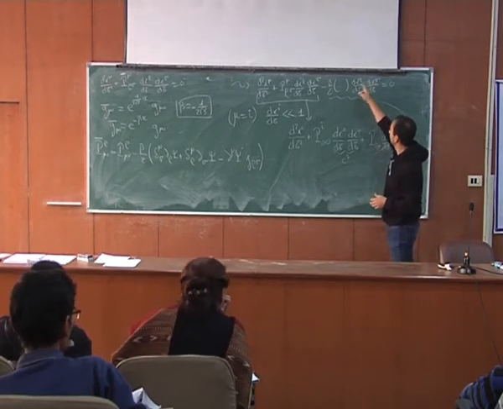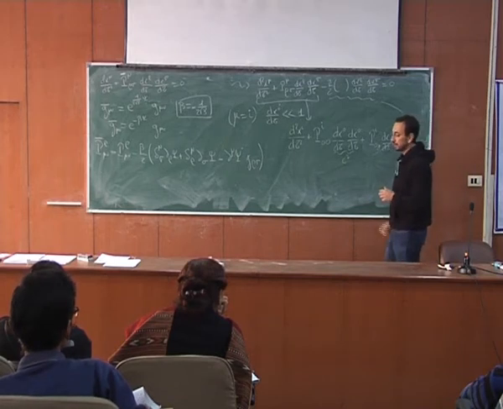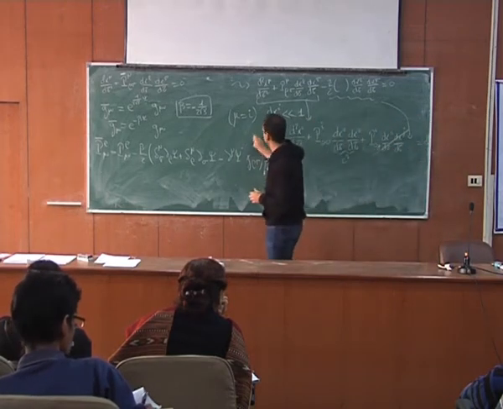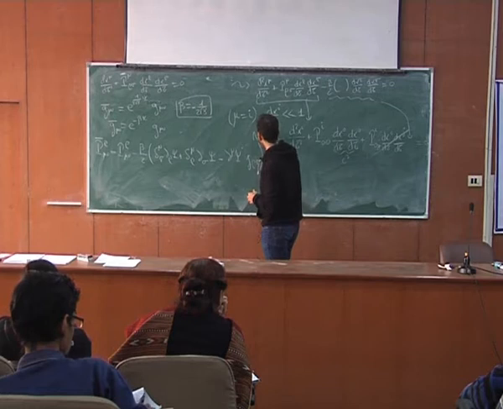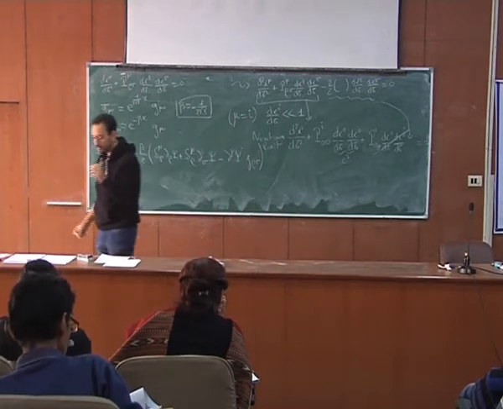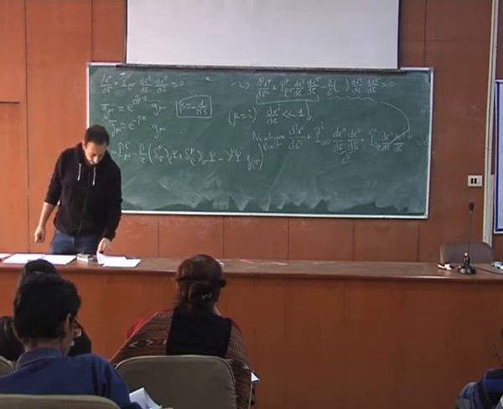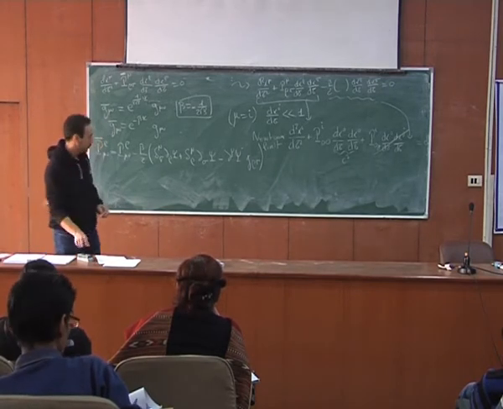I take just the 0, 0, which is the only contribution, equal to 0. This is called the Newtonian limit. So you neglect the speed of the particle compared to the speed of light. So doing that, what do you get?